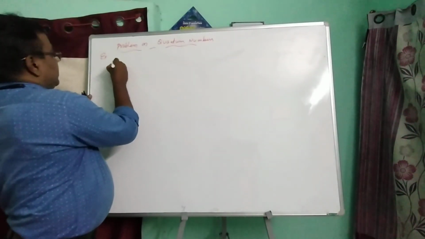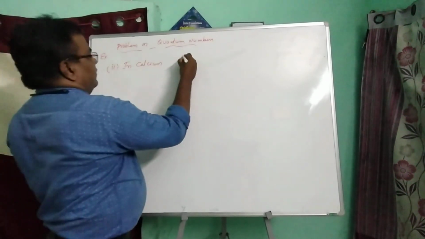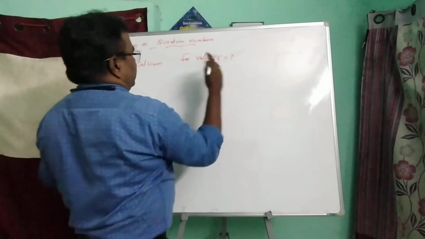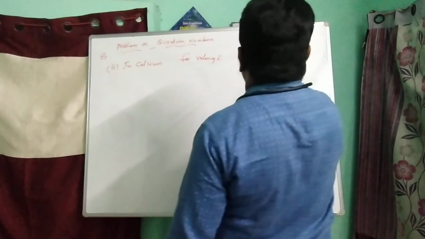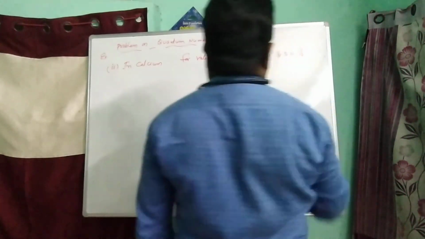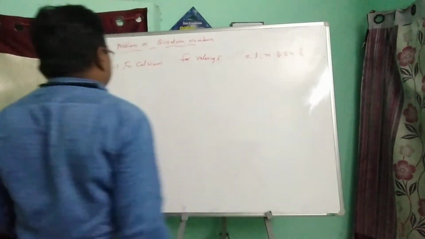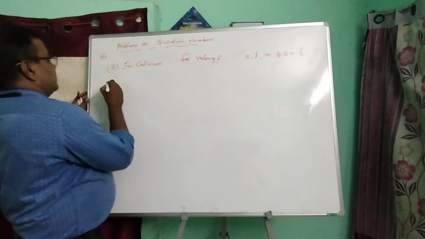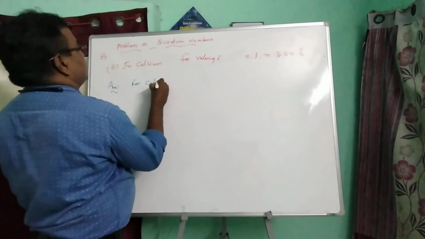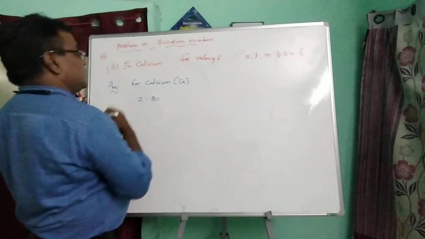Example 2, in calcium, for the valence electron, what are the 4 quantum numbers, the values of N, L, M and S? So the answer is, for calcium, symbol is Ca, atomic number Z is 20.